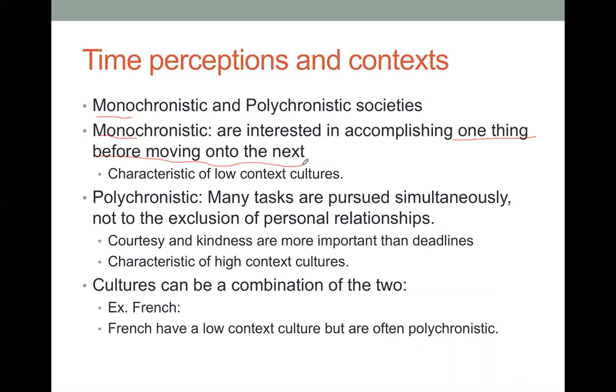And so in monochronistic cultures, timing is very important, you know, schedules, agendas, being on time to appointments, etc. And generally these are low context cultures. Polychronistic cultures might do many things simultaneously. Personal relationships may be excluded or not excluded. And so deadlines are a little bit more flexible, and courtesy and kindness are more important. And there are many different cultures that are polychronistic or monochronistic, and even a possibility to be both.